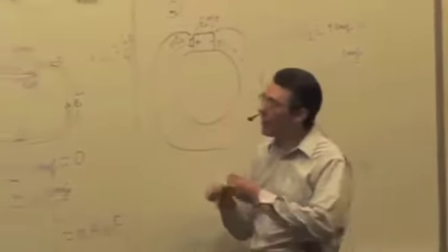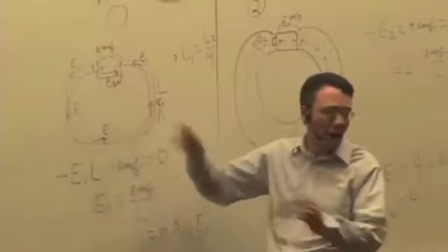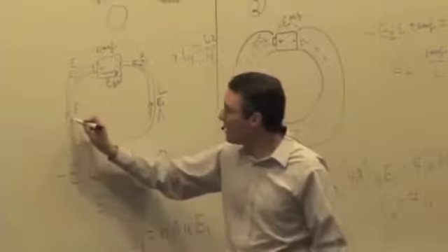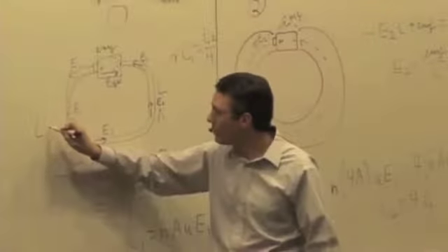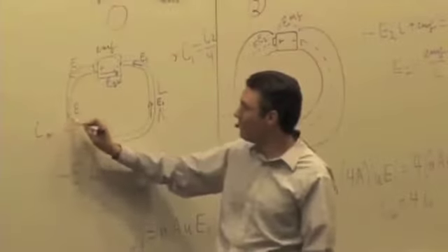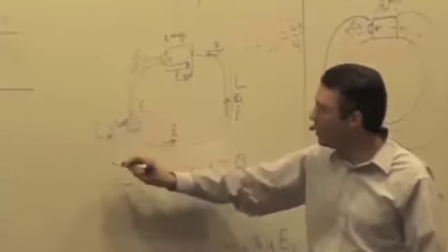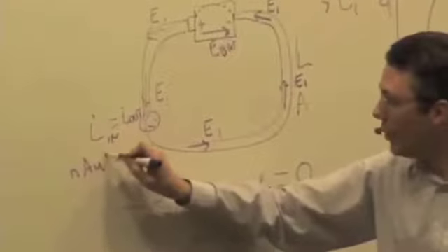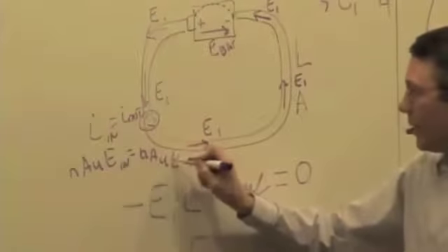What is the node rule telling us? Well, this is a very simple circuit. We have the same thickness of wire throughout. So all it's telling me is that anywhere in this wire, because the current everywhere is the same, if I pick any piece of this as a node, I in is equal to I out, which means N A u E in is equal to N A u E out.